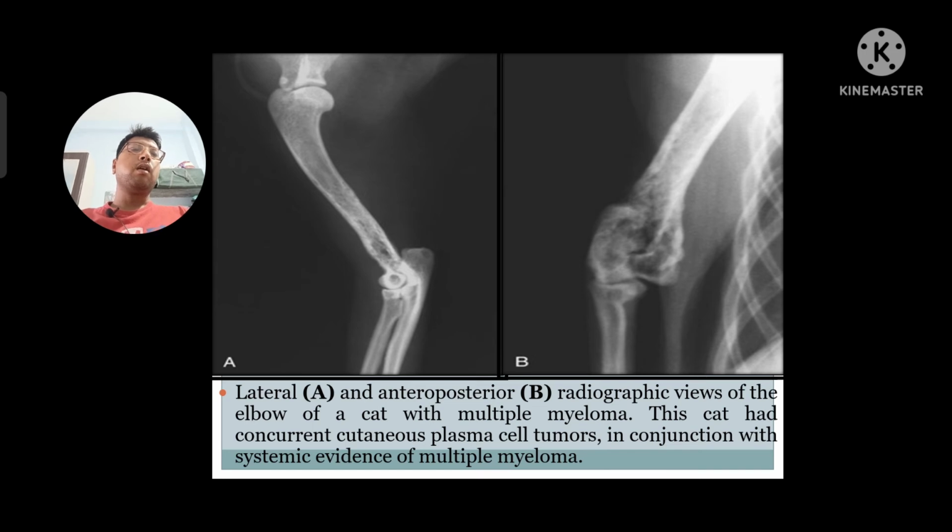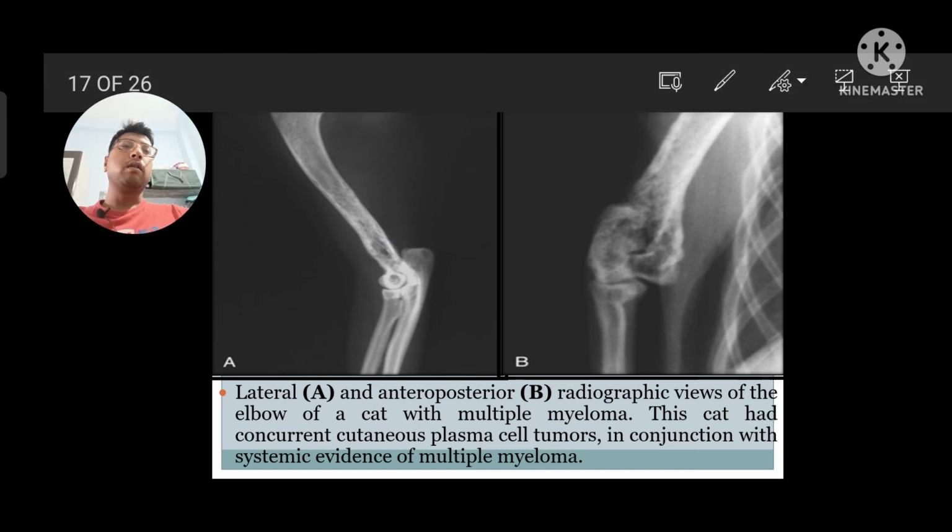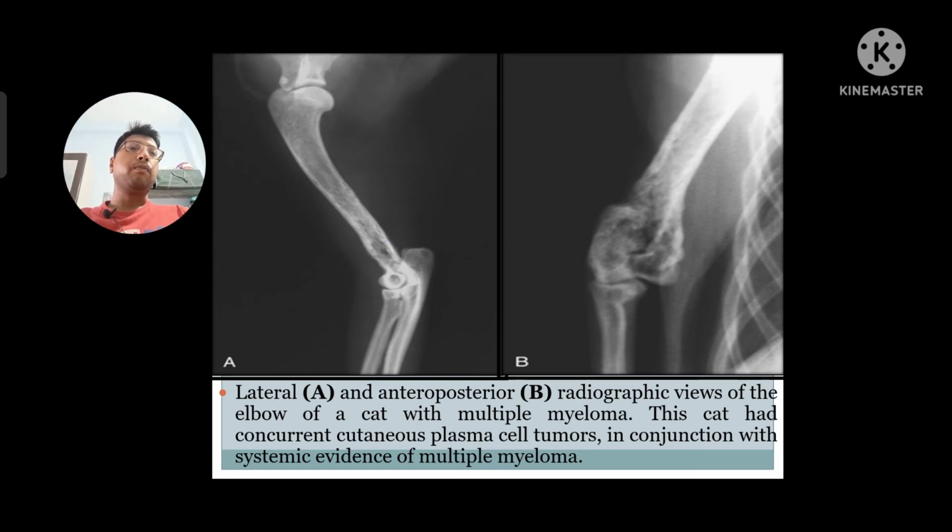This picture depicts the radiographic representation, where there are multiple lytic lesions in the long bones. You can see here in this picture, and here you can also see. If they are multiple in number, definitely it may be due to multiple myeloma.